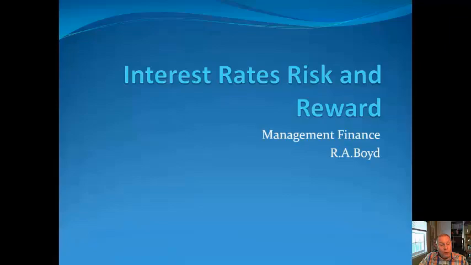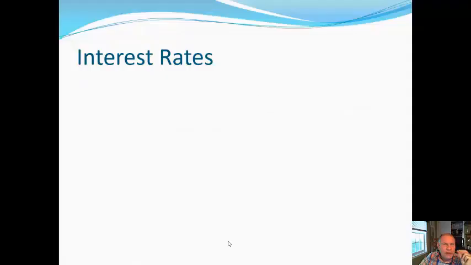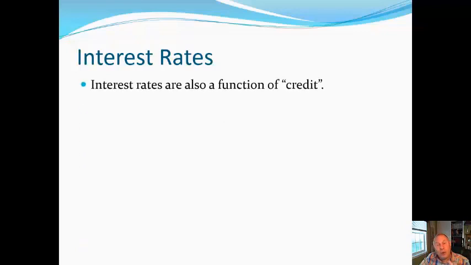Welcome to Module 4, where we started with talking about money supply. Interest rates change, but it's also a function of credit. Credit is a measurement of how one has performed in the past, and there's a lot more to credit besides how the individual or a company has handled their debt in the past, but that's the thing we call credit.